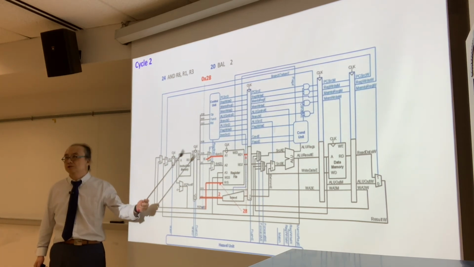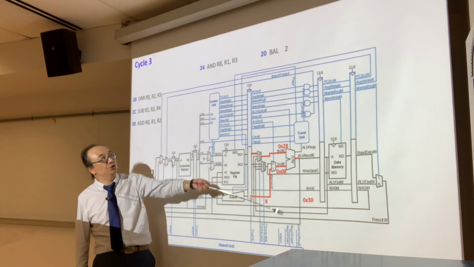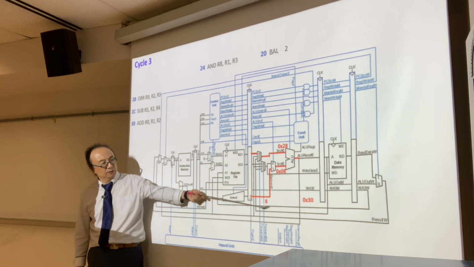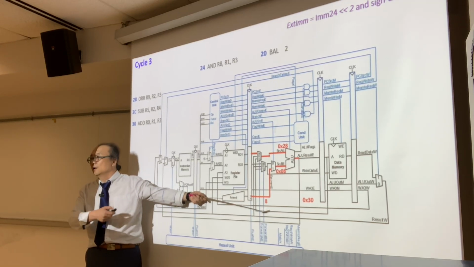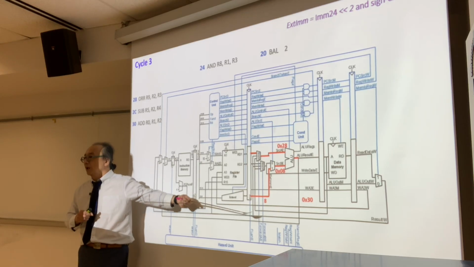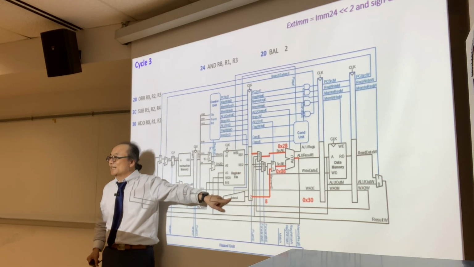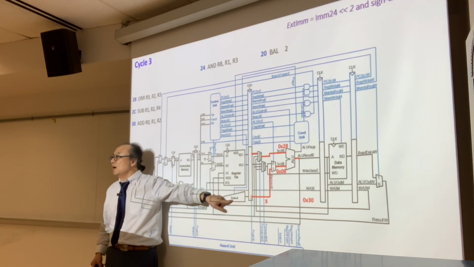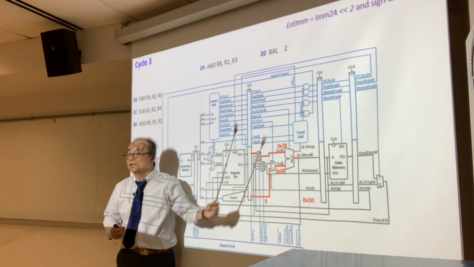Now we're going to get into cycle number 3. Branch always is in the execution stage. And what happened here? What's 8? That is this guy. The branch instruction is the only instruction we're going to send through sign extension in this unit. And plus, we're going to shift left by 2, meaning what?